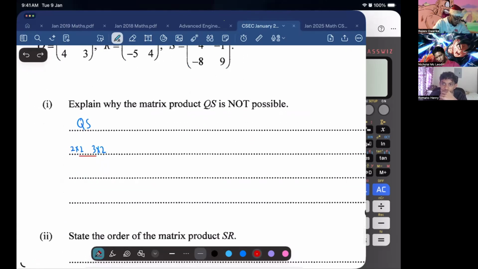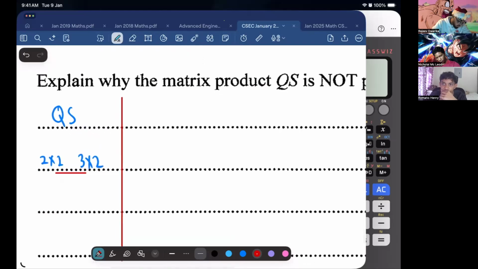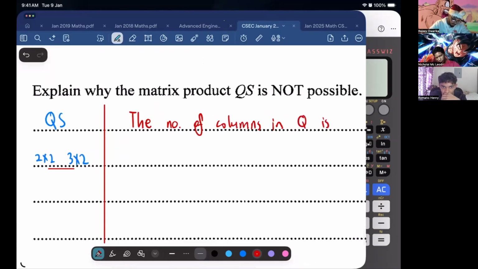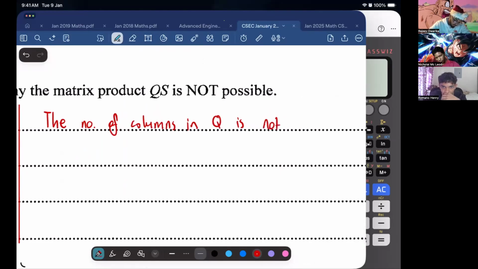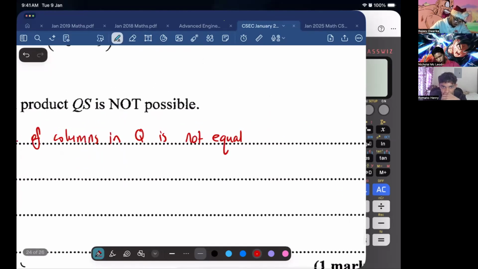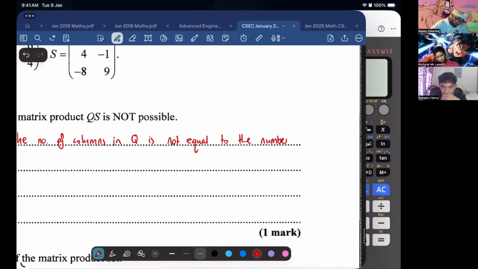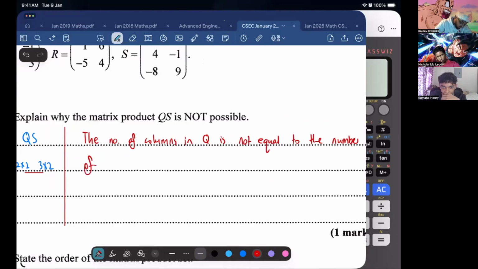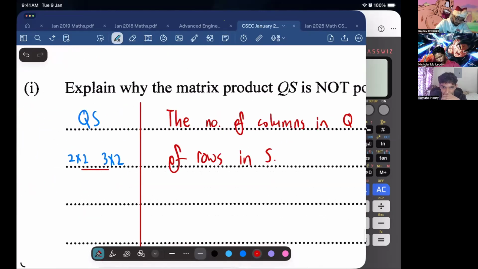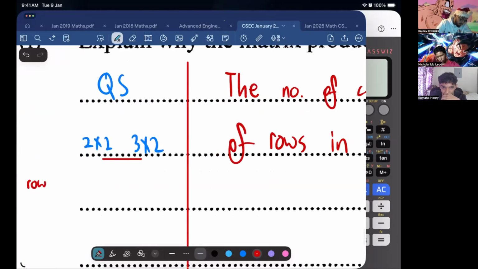The number of columns in Q is not equal to the number of rows in S.